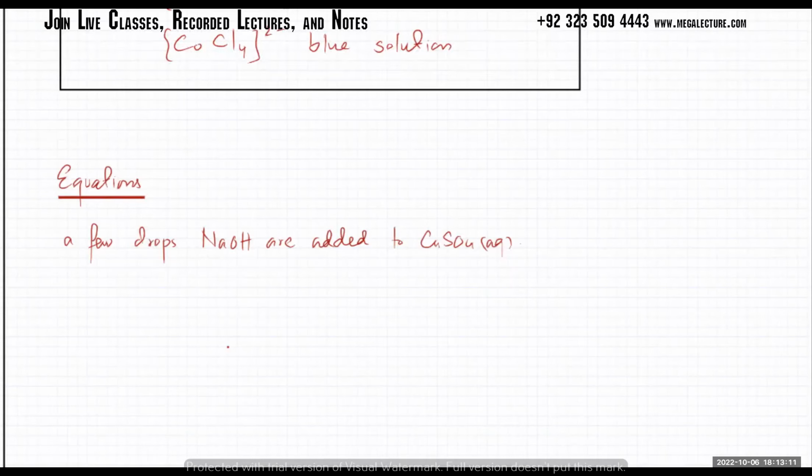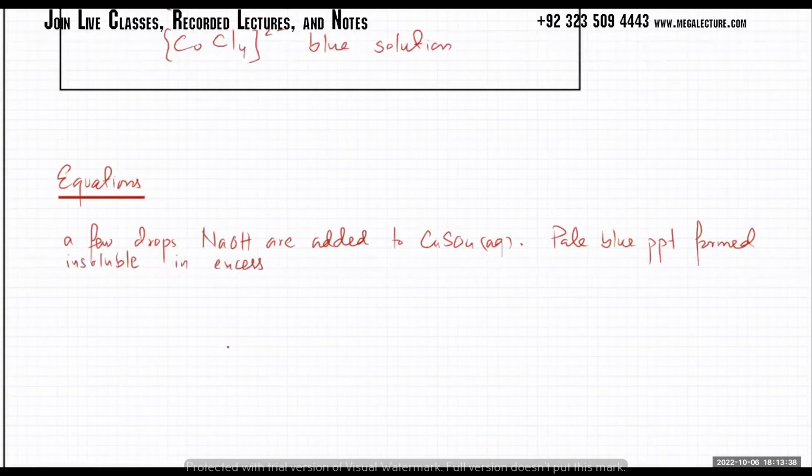So a few drops of NaOH are added to copper sulfate aqueous. What you see is a pale blue precipitate formed, which is insoluble in excess. And that pale blue precipitate is insoluble in excess.